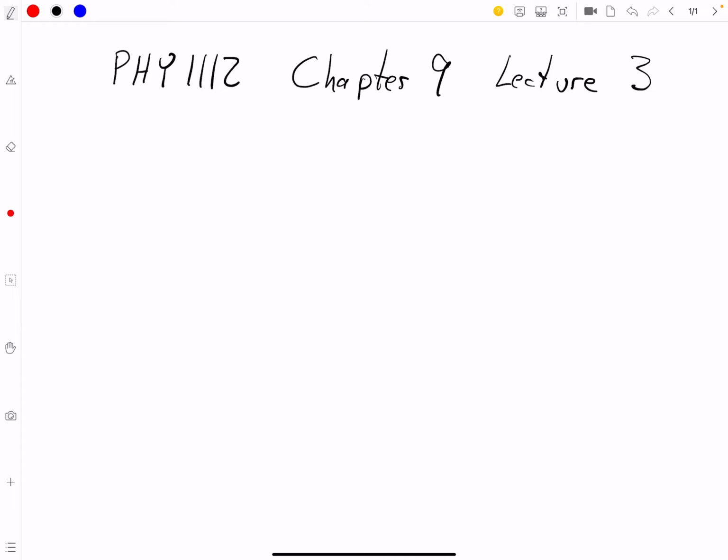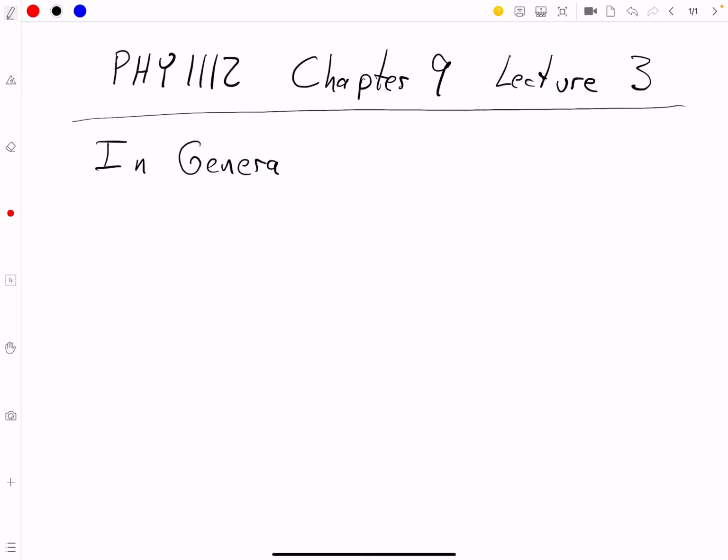And we finished up last time talking about uniform electromagnetic fields. We're going to do, in general, not just uniform, but in general. So, in general, an electric field is equal to, and we did this before, minus delta V over our distance.